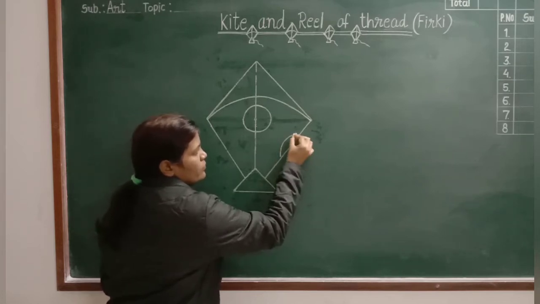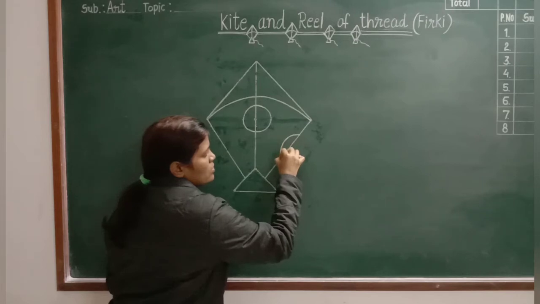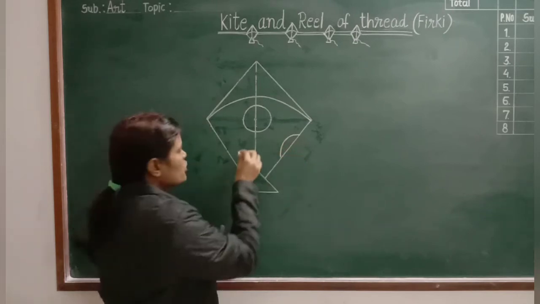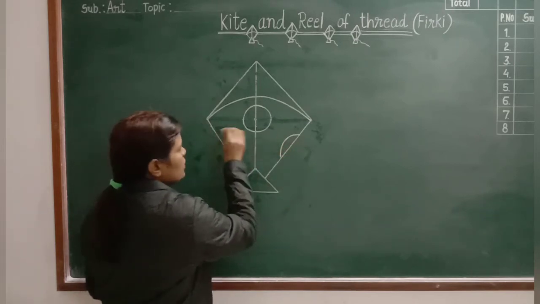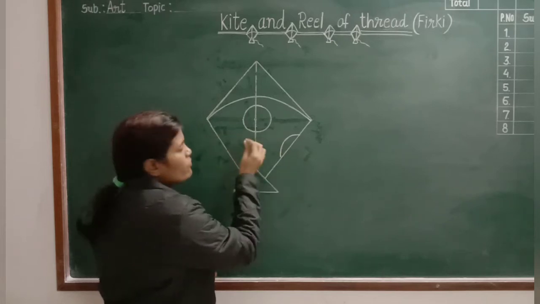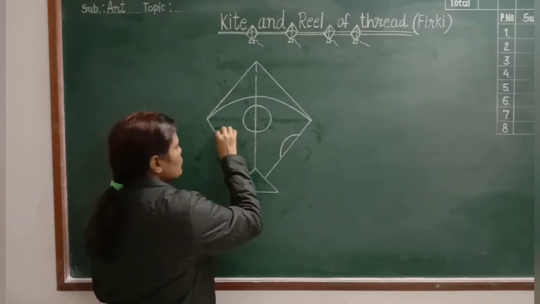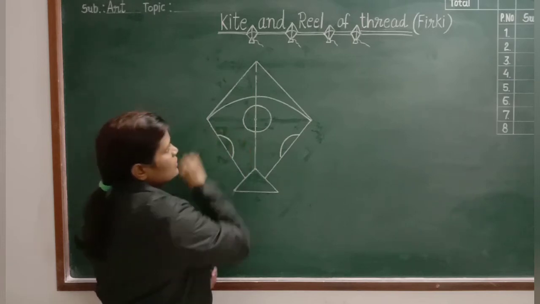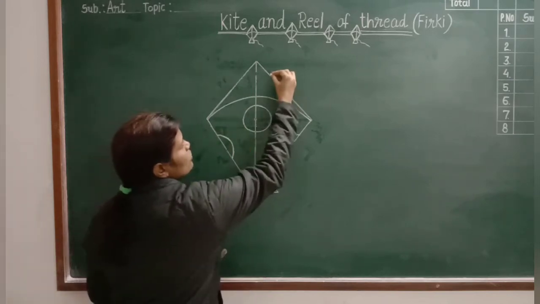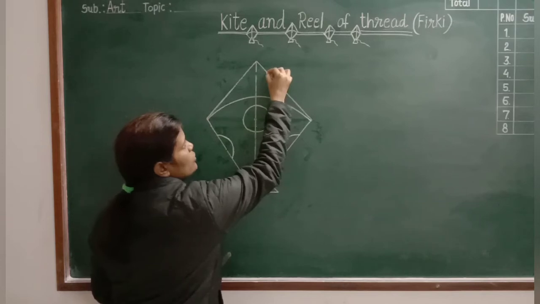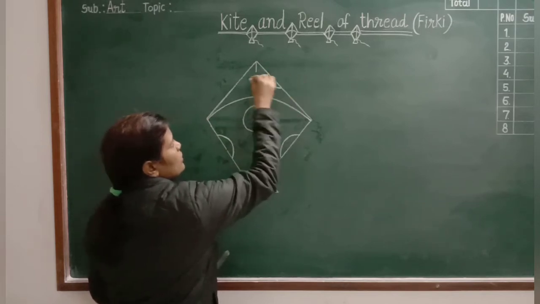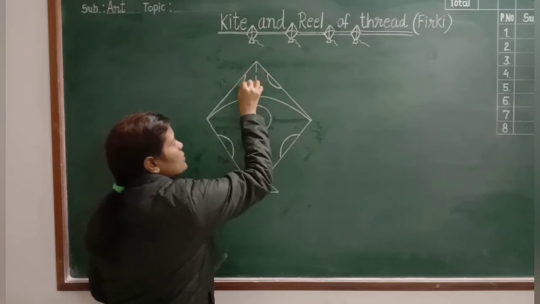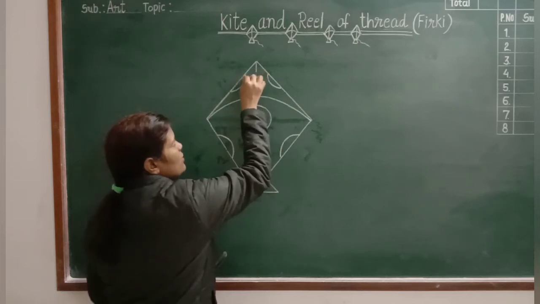Here I am drawing curve shape, okay. Here right hand side, in the same way left hand side, okay, like this curve. Here also you can draw like this, okay.